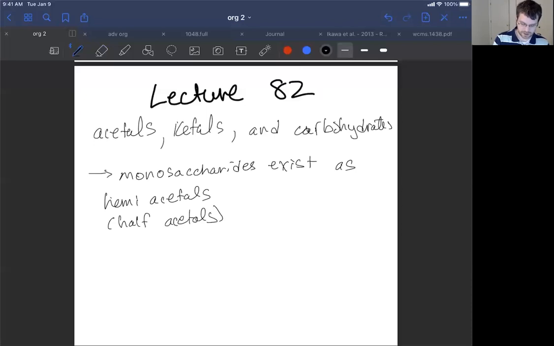And half acetals are when we have, well, first of all, our carbon has a hydrogen on one side, an R group on the other side. Then we're going to have an OR group, which I'll make the R group different, along with an OH group. We're halfway to the acetal or ketal. We have an OH and an OR group. Okay, so monosaccharides actually exist as hemiacetals in nature, which is pretty cool.